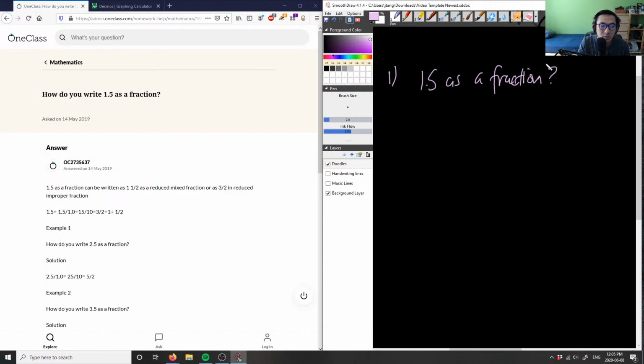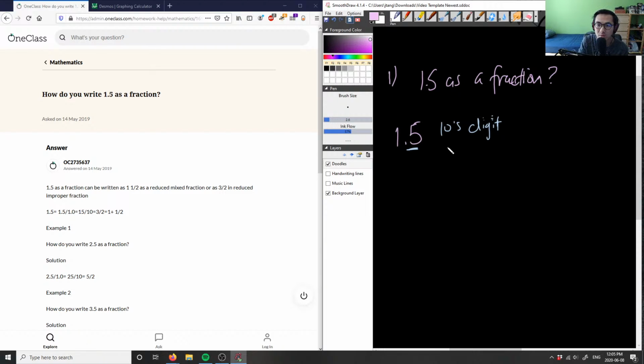First, we can change a decimal into a fraction very easily because we can examine this number. So 1.5 here, we can see that this is in the tenths digit. So we can actually create a mixed fraction first. How do we do that? Well, the number to the left of the decimal point is my whole number.